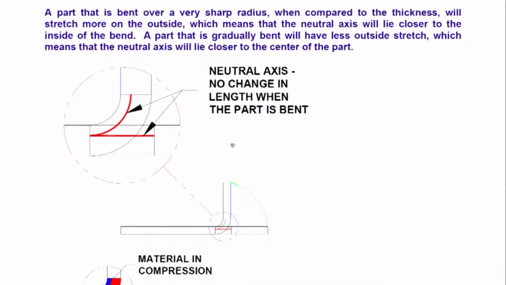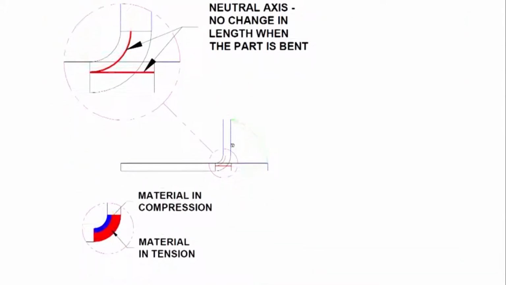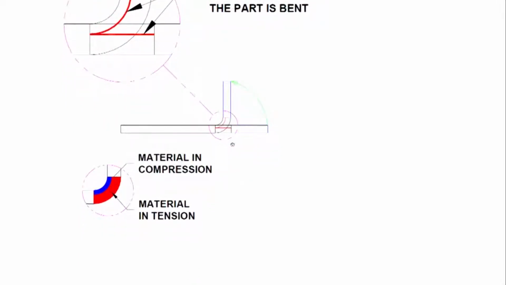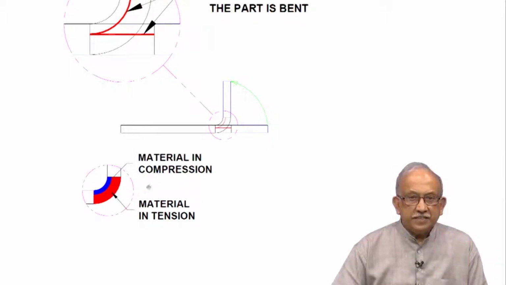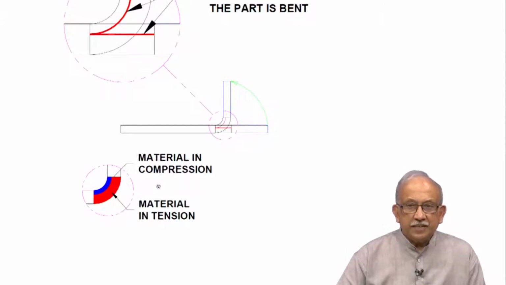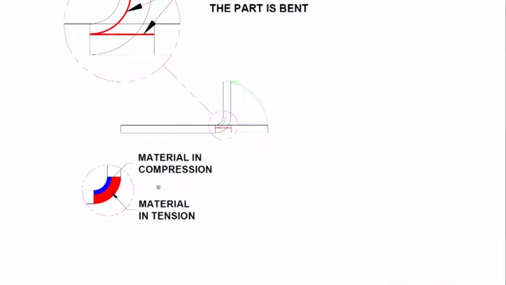Now, if I go up, same thing, there is a material in tension, which I was talking to you about, which is here, and then there is a material in compression. You see here, tension versus compression also relates a lot to the direction of grains and the physical structure of the material.